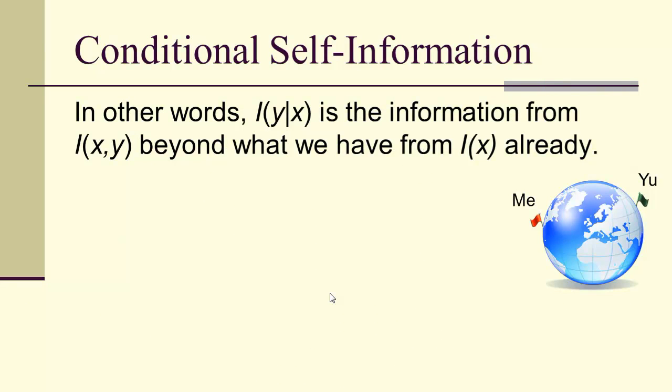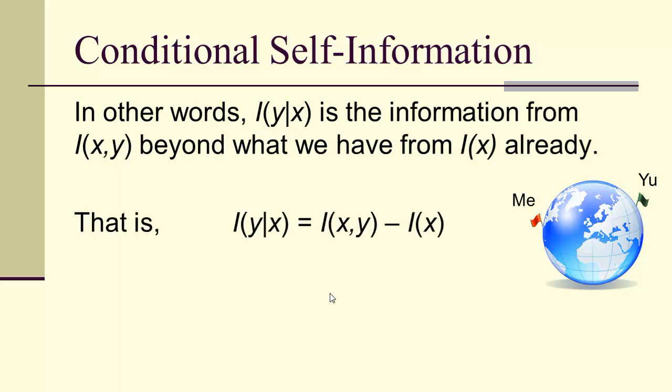In other words, the information from y given the condition that capital X is little x is simply the information from the joint information I of xy beyond what we already had from I of x already. In other words, we can simply write that the conditional information is the difference between the joint minus the information just from x itself.